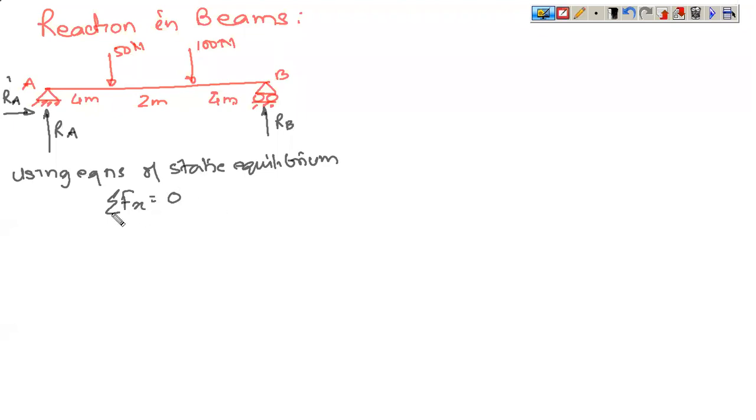So we had stated that sigma Fx is equal to 0 is the first equation of static equilibrium. If you use this, you can say that RA dash is equal to 0, because there is no other force in the horizontal direction. All forces are either perfectly vertical or perfectly horizontal.